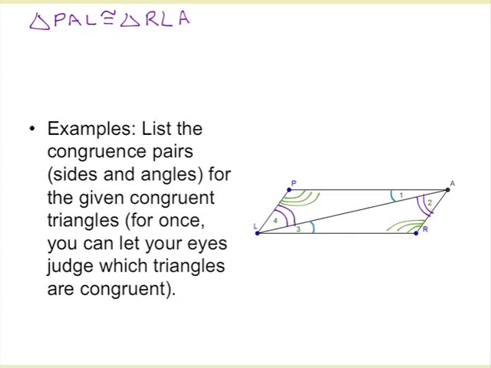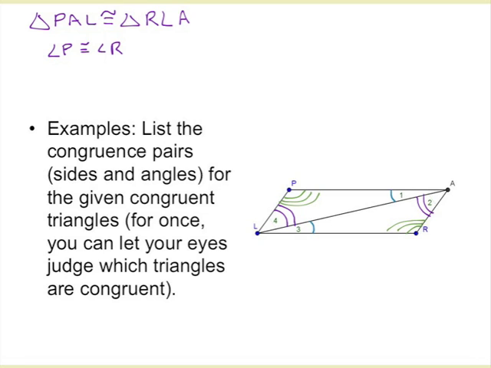Let's name the angles then. I can say angle P because there's only one angle by P, and that's the same as what angle? The angle by R. We cannot say angle A or angle L because there's too much stuff happening there. If I say angle L, you don't know whether I'm talking about 3 or 4 or the whole thing. So we can't say angle L. But we can use number names, and I suggest if numbers are in the picture, using numbers.